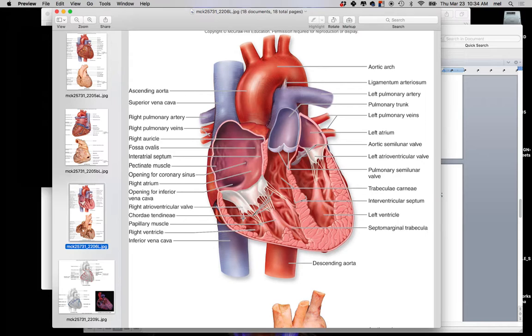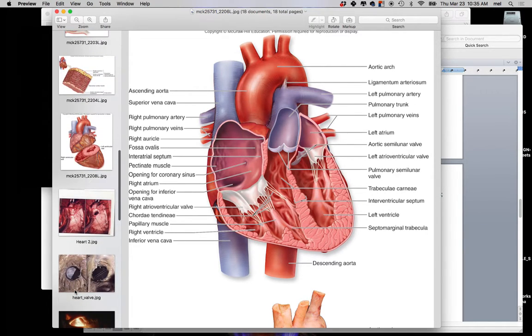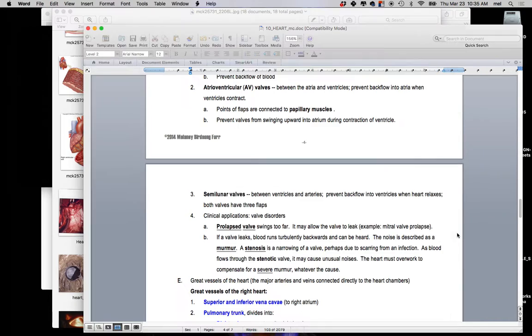So if a valve swings too far, it's called a prolapsed valve. There were some really famous clinical situations in which use of a certain medication caused mitral valve prolapse. Did you guys hear about it? Some of you were too young, but you can still read about it.